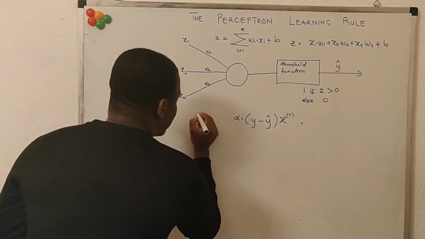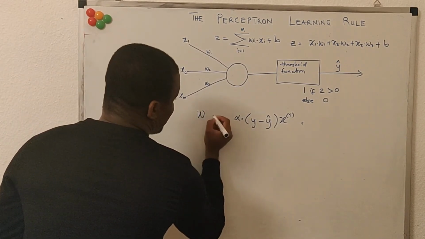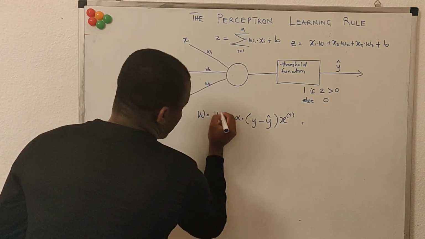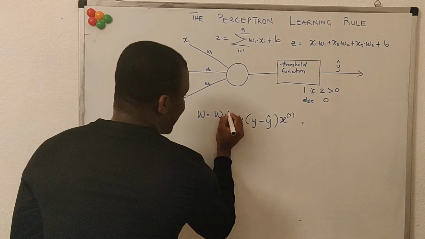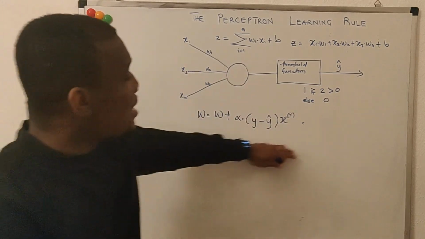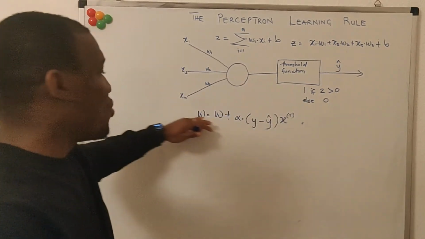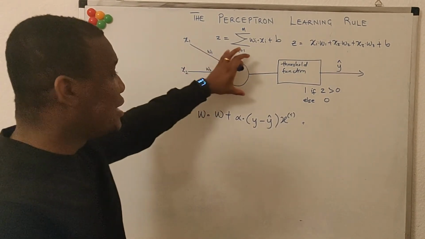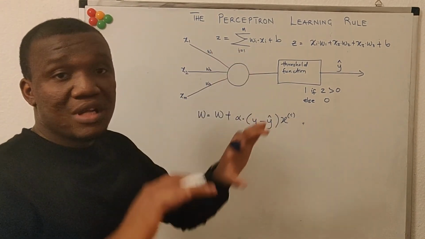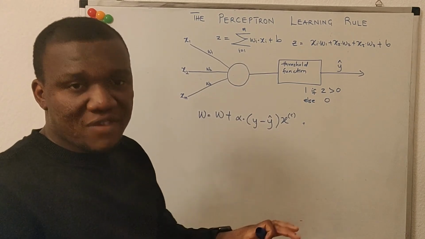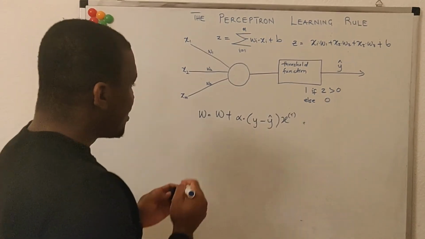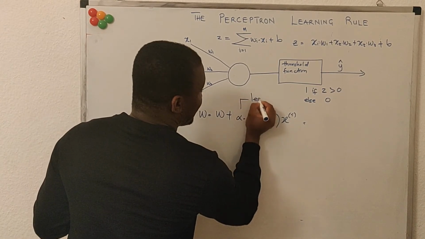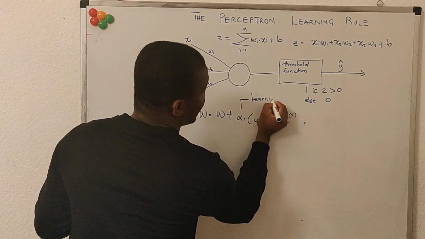Then we say W, the weight vector, is equal to W plus that term, so we keep making this update to our weight vector up until the point where our perceptron finishes learning, or it converges, and I'm going to explain that. Now this alpha here is also known as the learning rate. The learning rate.